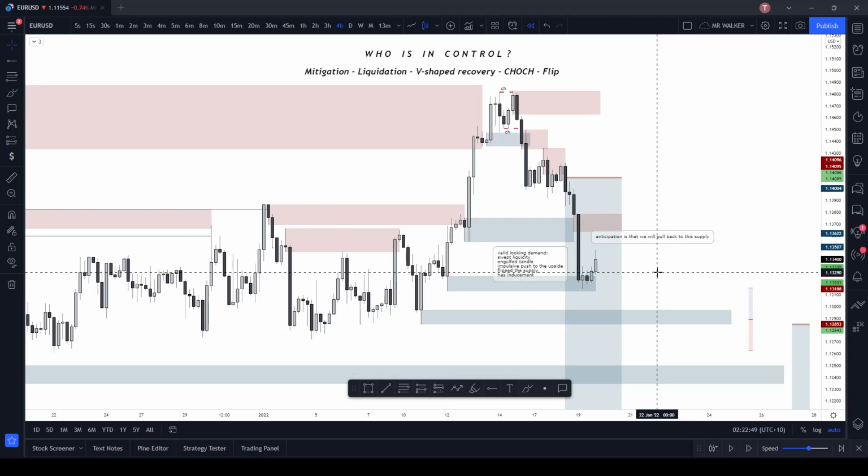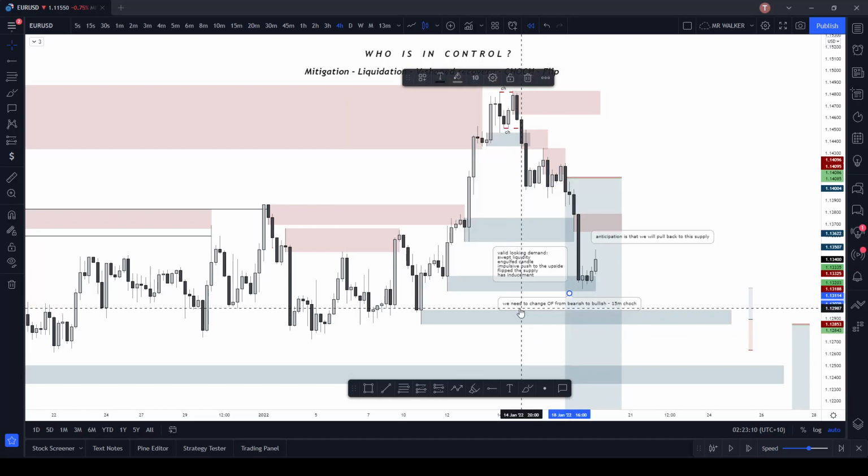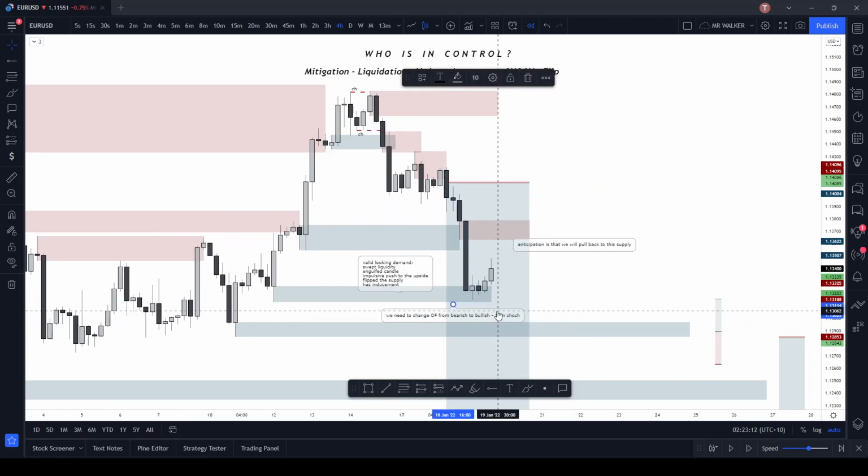So we have done our part on 4 hours, and we may as well write we need to change order flow from bearish to bullish, and that is our 15-minute chalk. All right. So we do these callouts or annotations on our charts.